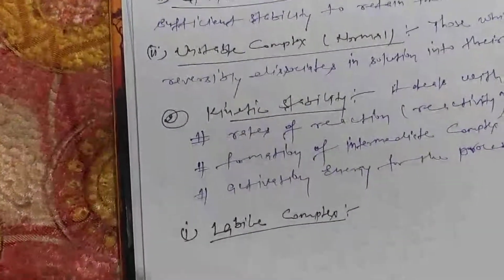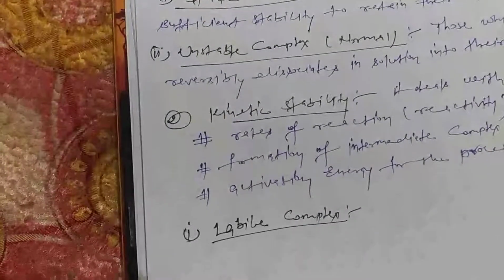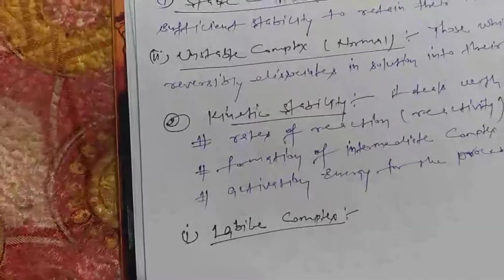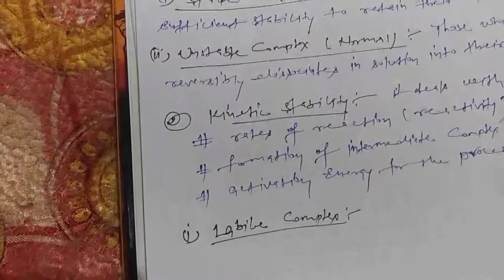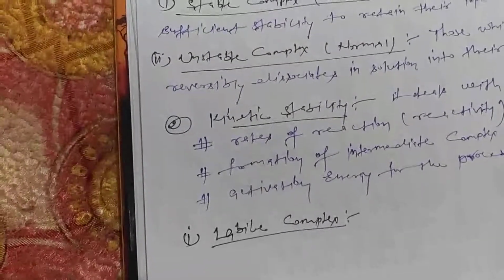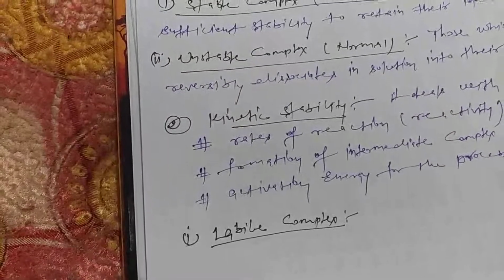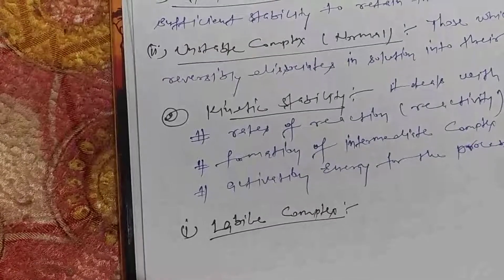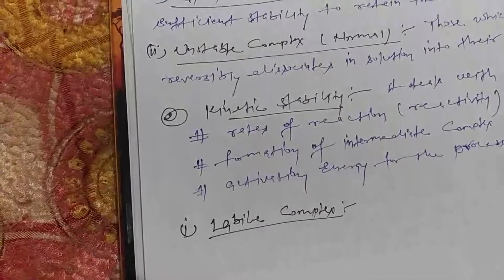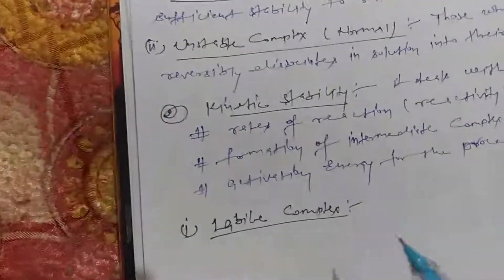What is a labile complex? It is a complex in which the ligand can be exchanged, where replacement of ligand is possible. Somewhere it is written as non-inert or active complex also.